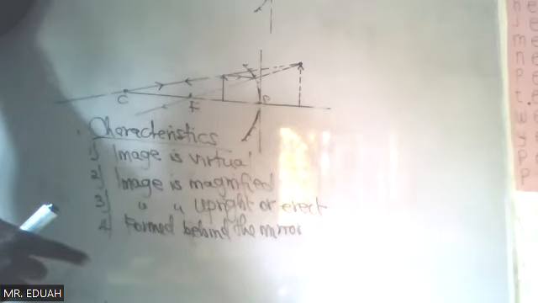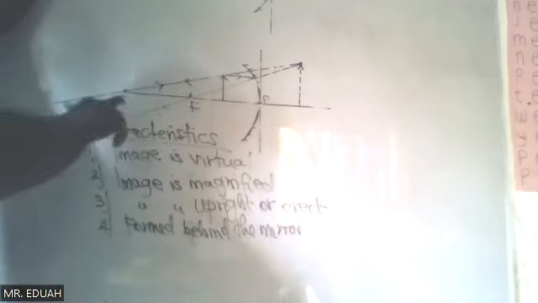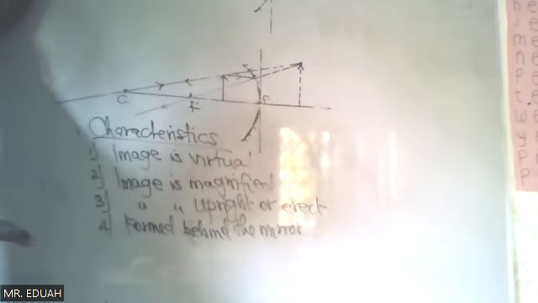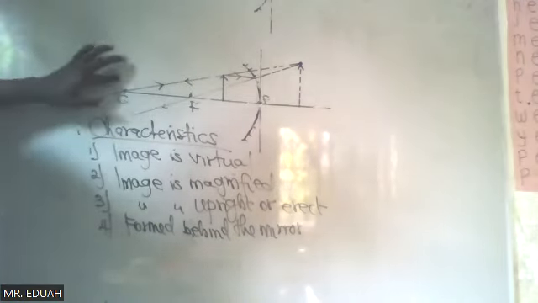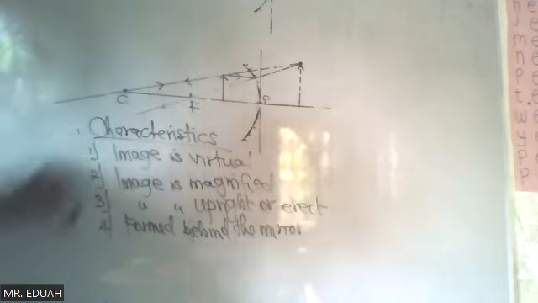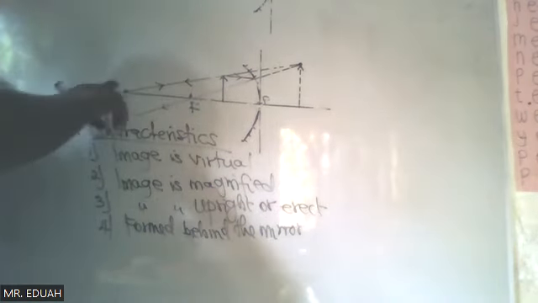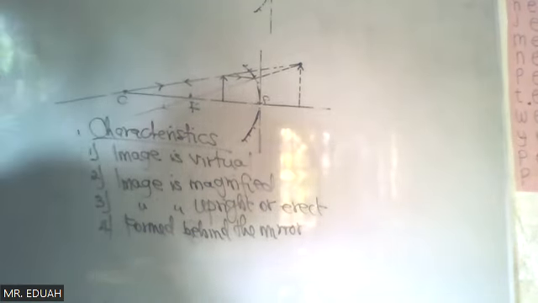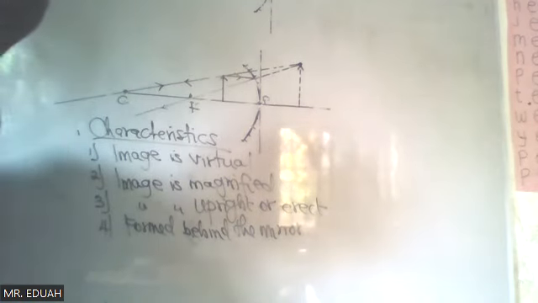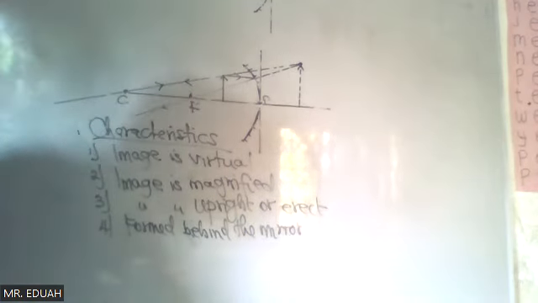An image is formed between C and F. Okay. When the object is at F, what happens? Yes, help me. When the object is at F, what will be the nature of the image formed? Yes, can somebody help? Yes, Amma.